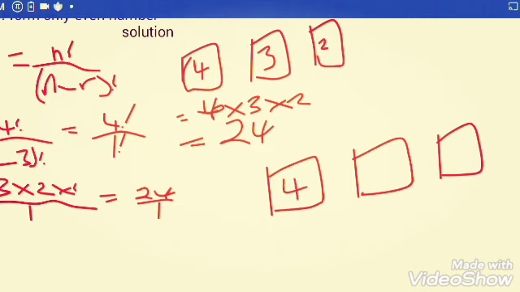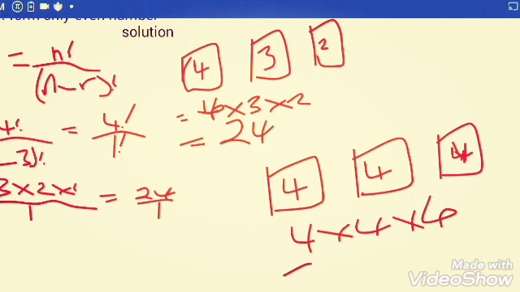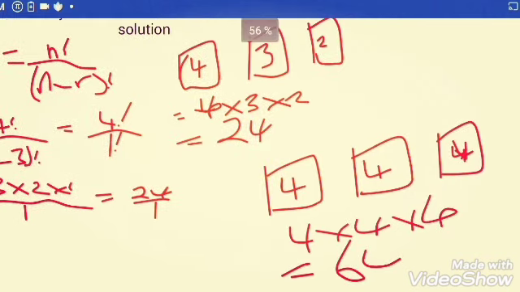After that I can still choose from that number, so I still have 4 to choose from, and after that I can still choose from the first 2 that I've used before, so I have another 4 numbers to choose from. So at the end of the day, I'm going to have 4 times 4 times 4, and that gives 64. Sorry, if repetition is allowed, I can get 64 numbers from 4 digits.